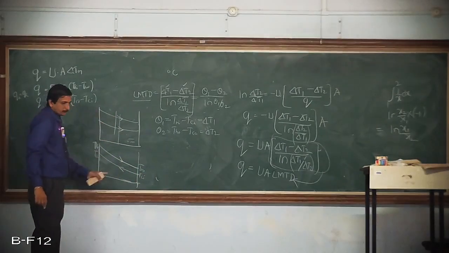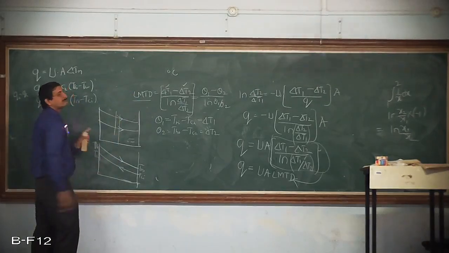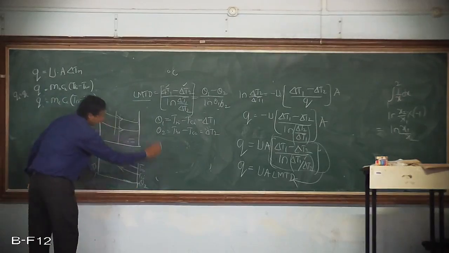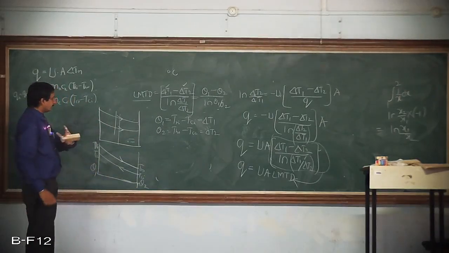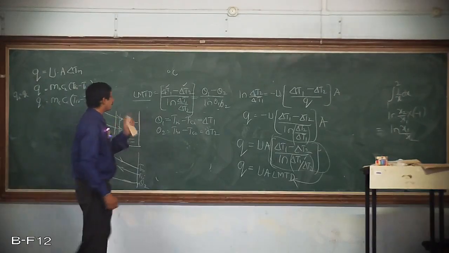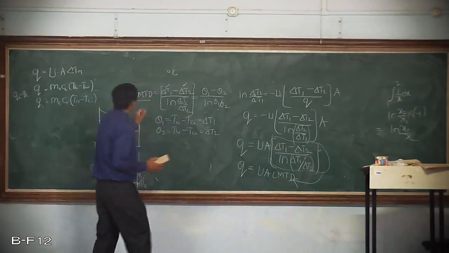Remember, the profile changes, but the LMTD formula won't change. So here it is, let me say theta 1 and theta 2 only. It won't change with respect to the flow, but the derivation has got little things to do.